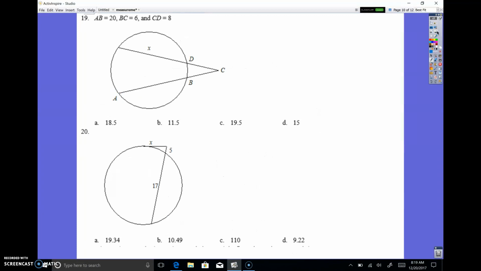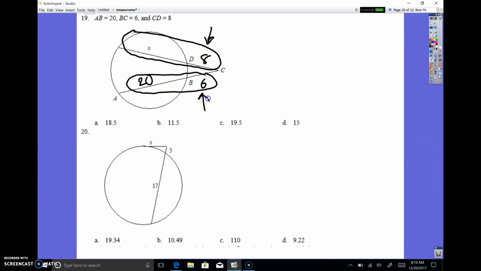Okay, here, instead of everything inside the circle, I have something on the outside. First we have the label. CD is 8 and this is 6. We multiply this right here by what's on the outside, what we add here to that.